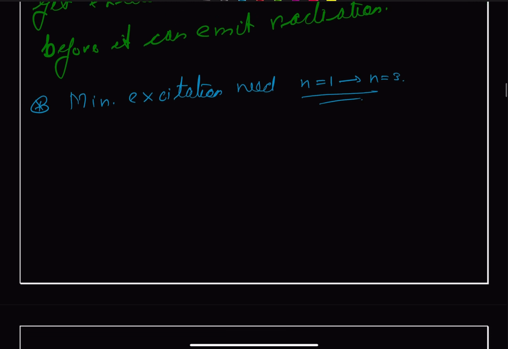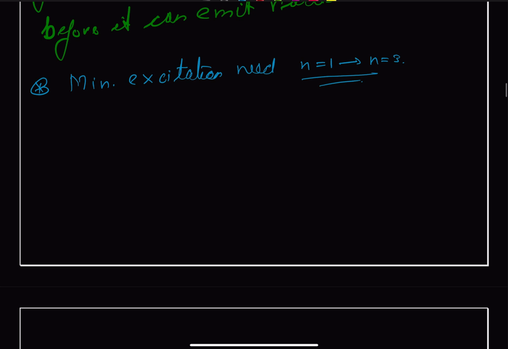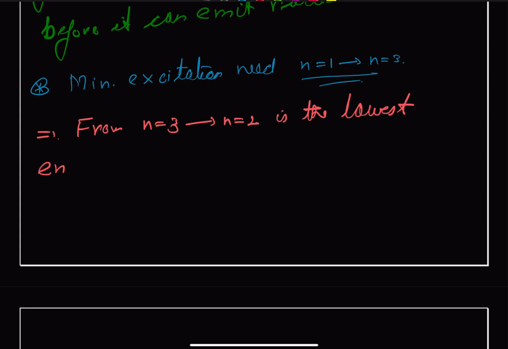And when there will be a de-excitation, from n is equal to 3 it will come to n is equal to 2, which is the lowest energy transition.